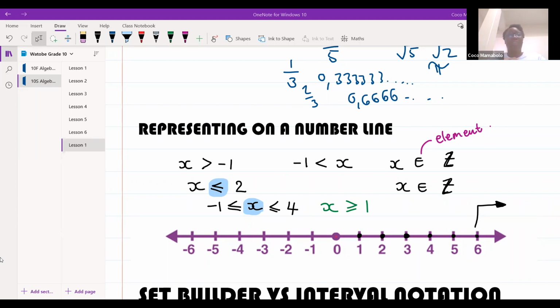Excellent. Remember, if you don't understand anything, I'm happy to explain. You will get there. You just need to practice. It all takes practice.